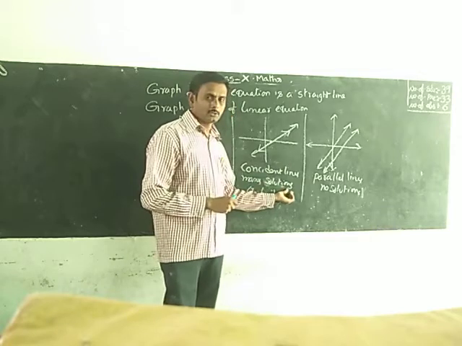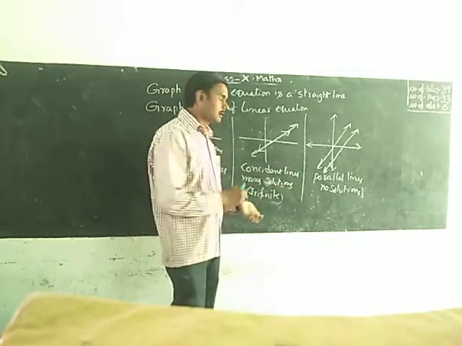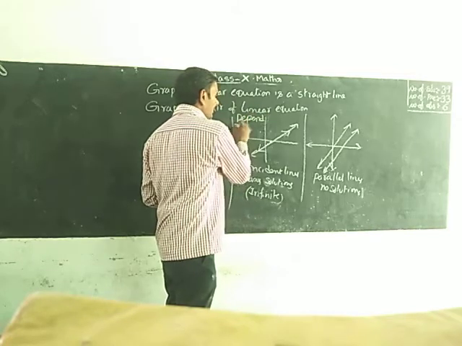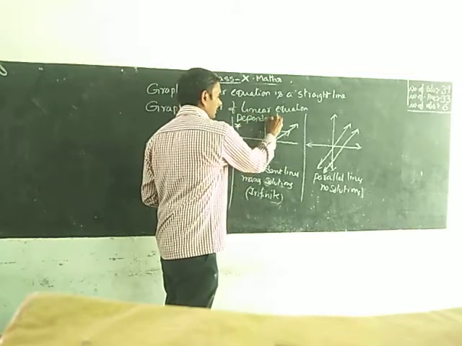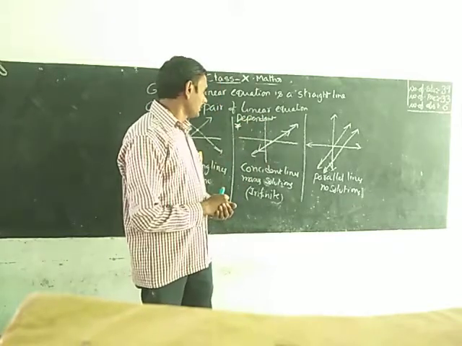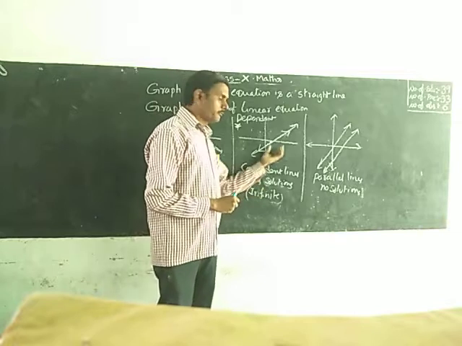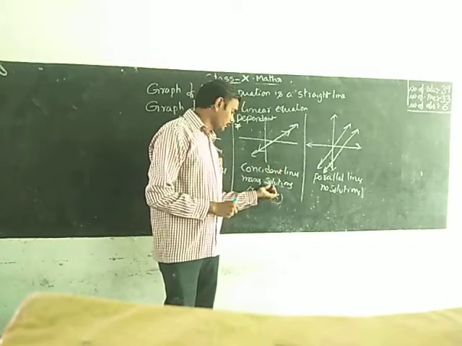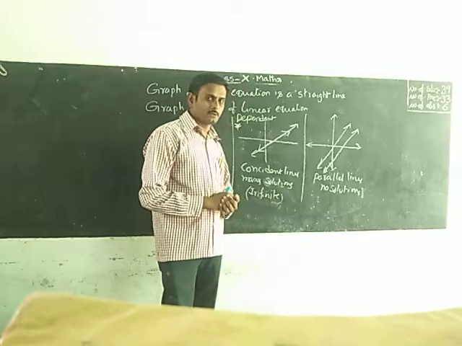Many solutions. These coincident lines are called dependent equations. Very important. Coincident lines are called dependent equations. These many solutions we can write as infinite solutions.